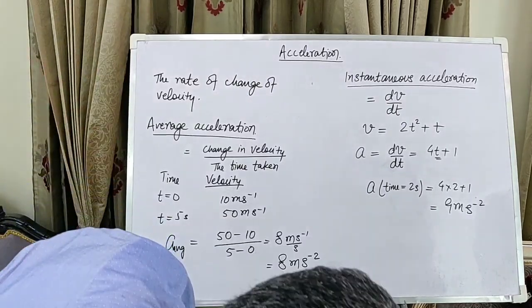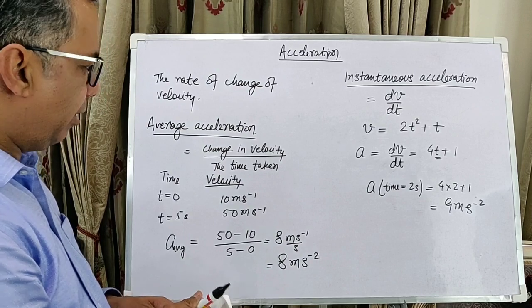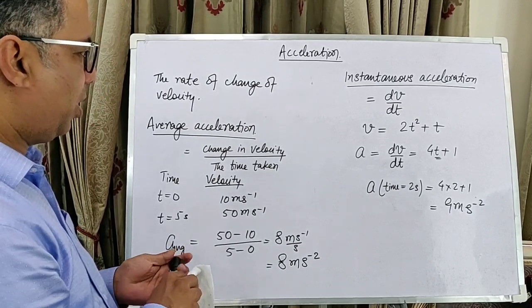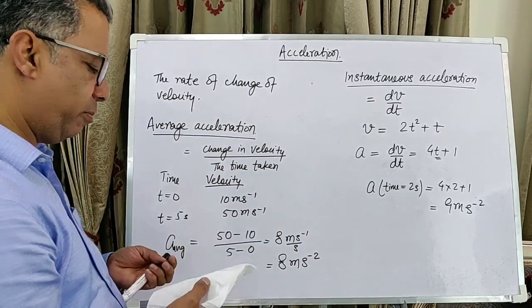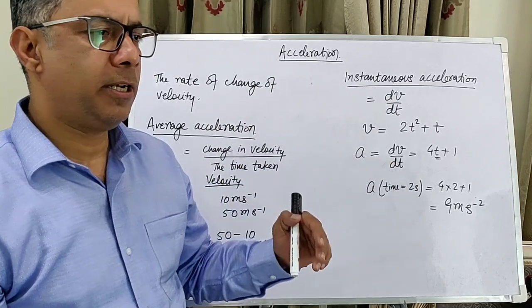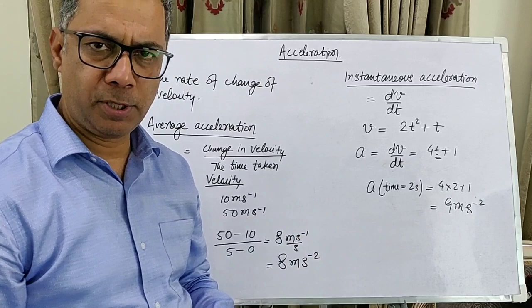Now that we have defined acceleration, we might as well start looking for a relation between the various quantities that we've been discussing so far. Instantaneous acceleration, instantaneous velocity, instantaneous position.